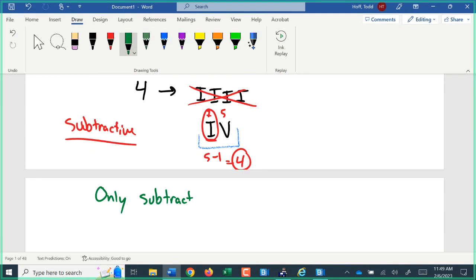They only subtract ones, tens, and hundreds. They do not subtract 5s, 50s, and 500s. Not sure why.